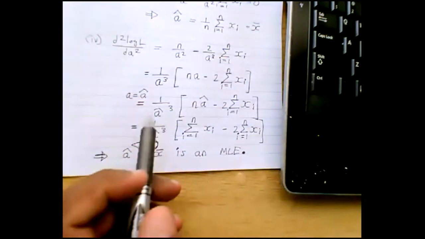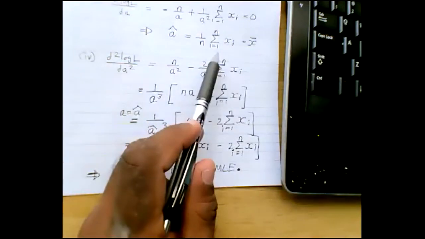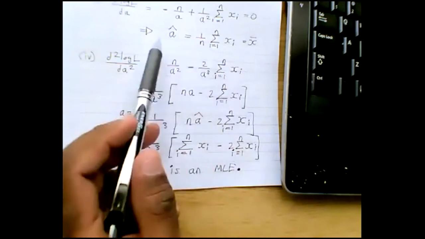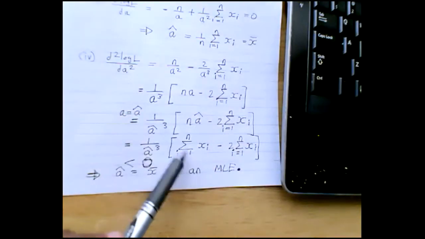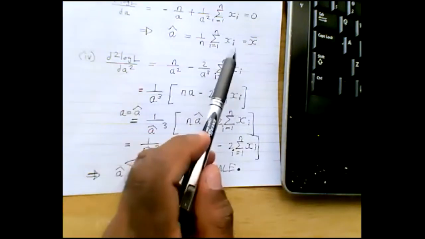That's because a hat is equal to this. So n times a hat is equal to the sum of xi, right? So you can replace n a hat by the sum of xi because of this statement here. Okay. Any other questions, guys?